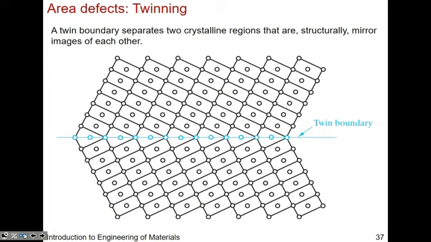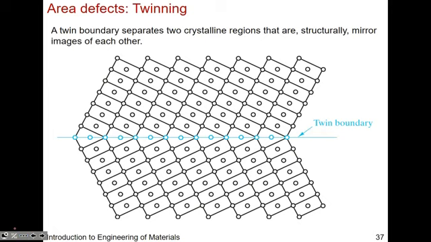In the nucleation and growth example, when you have a few atoms solidifying, they start to nucleate and crystallize, and the orientation of those crystals isn't always in the same direction, right? There's a particular case of area defect where they do line up perfectly, but at a particular angle from each other.